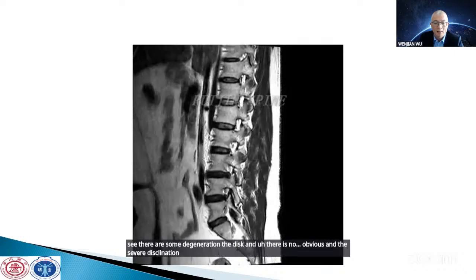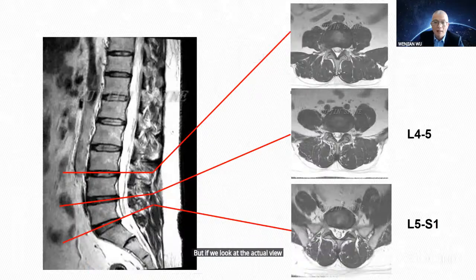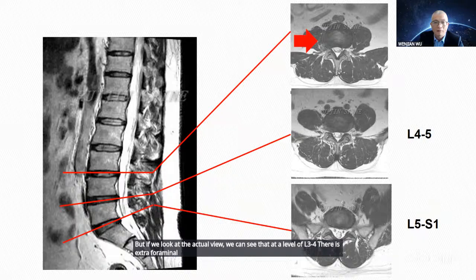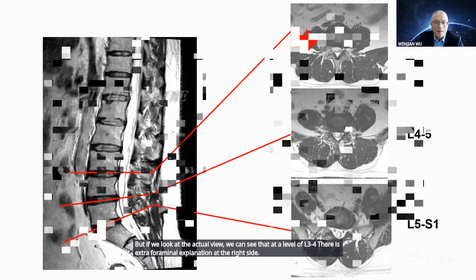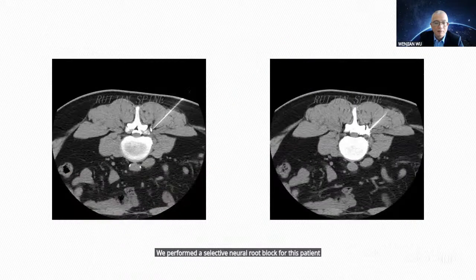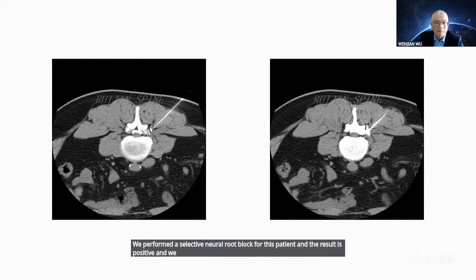But in the axial view, at the level of L3-4, there is an extraforaminal disc herniation on the right side. We performed a selective nerve root block, and the result was positive, so we made our final diagnosis of extraforaminal herniation at L3-4 for this patient.